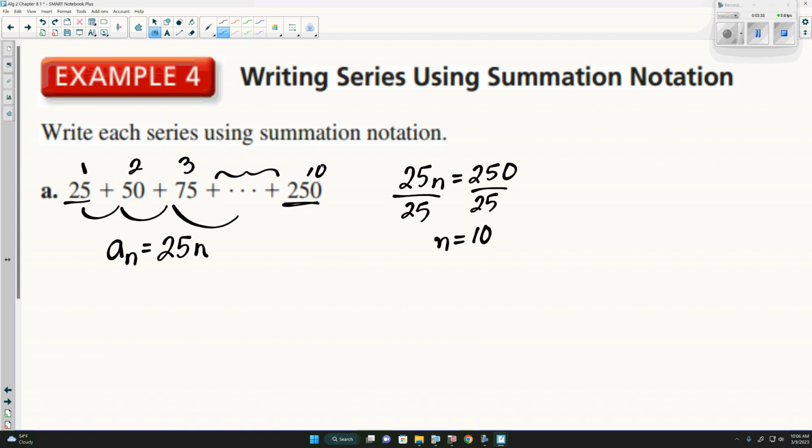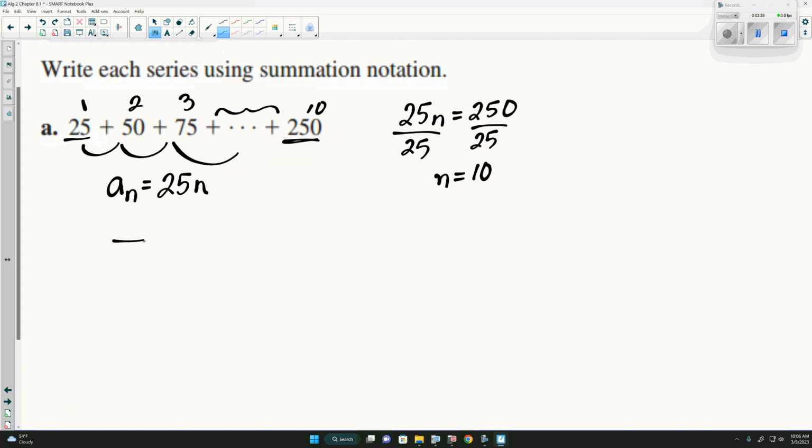So to write this, we would say the summation. The way I draw it is I do a line, over, down, over, to make this E. Right next to it, we would have 25n. I use n. We could have used i, because the way that the book uses it is as i, but that's fine.